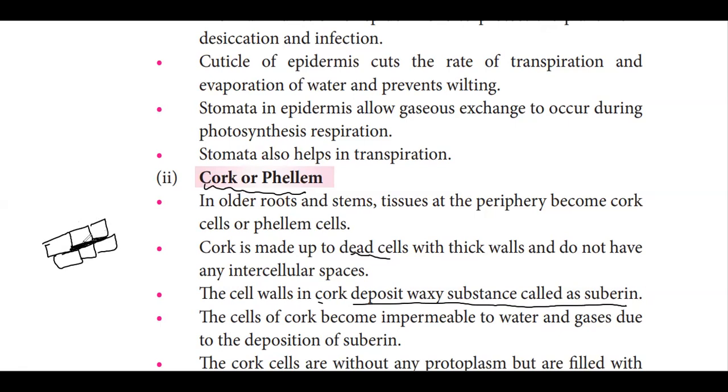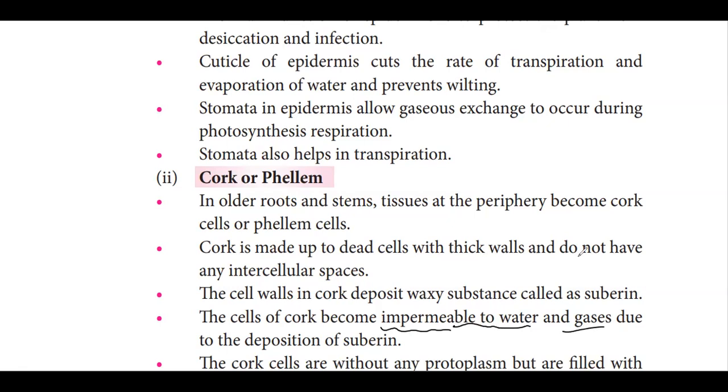This is a waxy substance, so the cell walls are deposited with it, and this is impermeable to water and gas due to the deposition of suberin, because there are no spaces present between them because of the waxy substances. Okay, so let's move further.